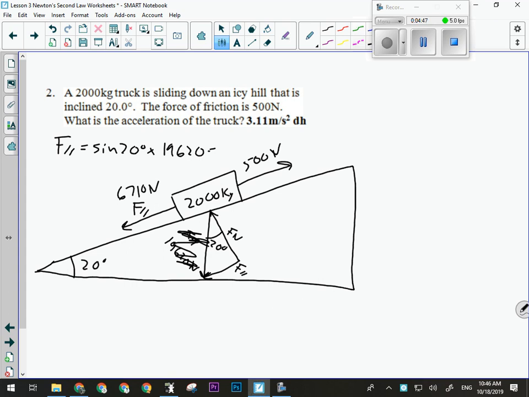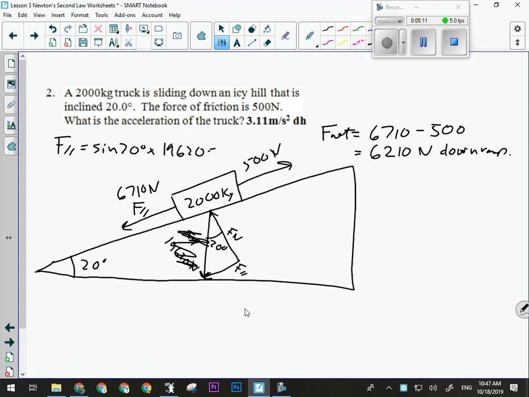Right, so now I can find the net force by getting the vector sum of all forces. So that'll be 6,710 newtons down the ramp, okay, minus 500 newtons up the ramp, or plus negative 500, whichever. Okay, that'll give me 6,210 newtons down the ramp, okay, as my net force.